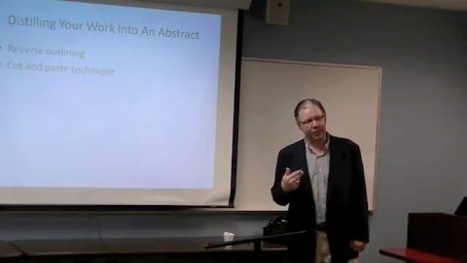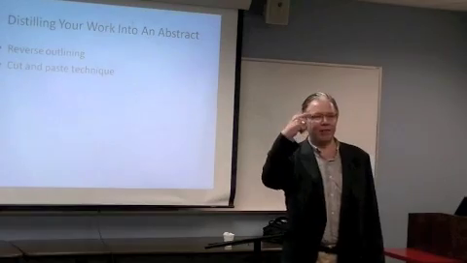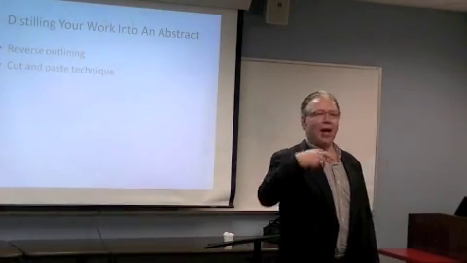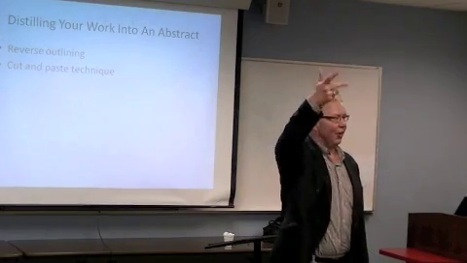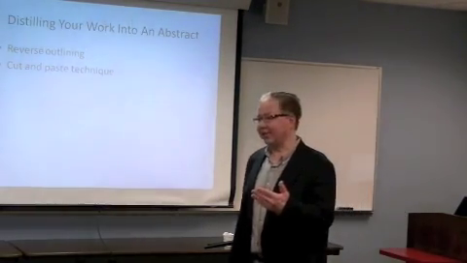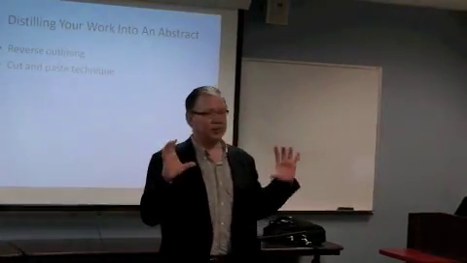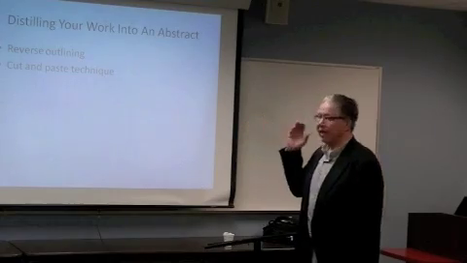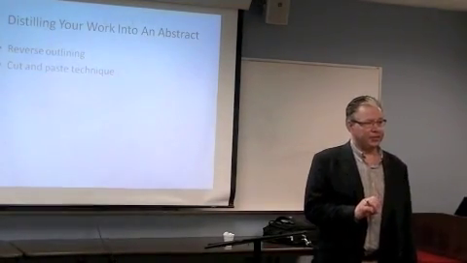One interesting approach is reverse outlining. Instead of going from front to back, outline it from back to front. Write your main outline and then craft your abstract that way, because your findings are at the back. But then you have to do an outline, so it's got to be distilled in 250 words. The other approach might be cut and paste.